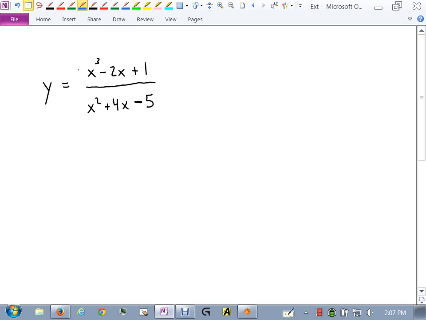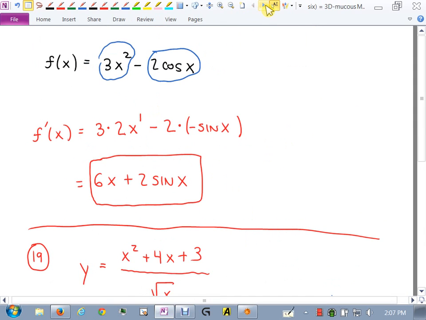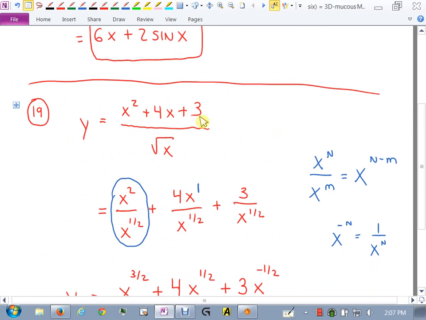So does everybody see quotient rule here? f top, g bottom. Can you do what we did on the first problem that was asked today in the homework? Can you approach it this way?